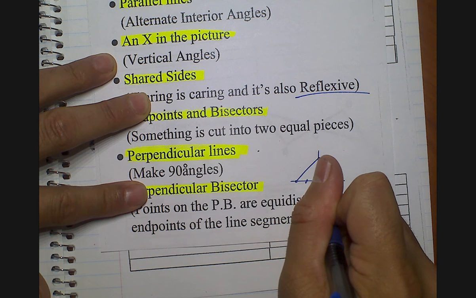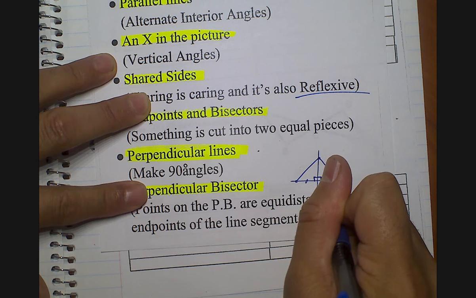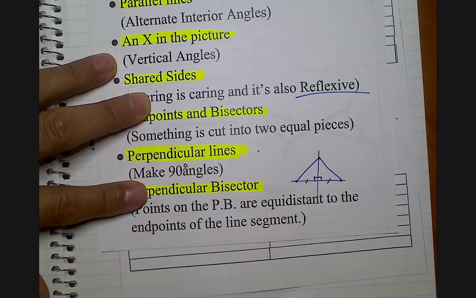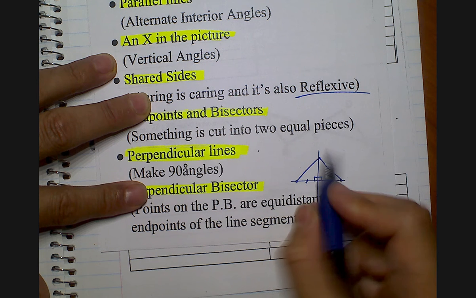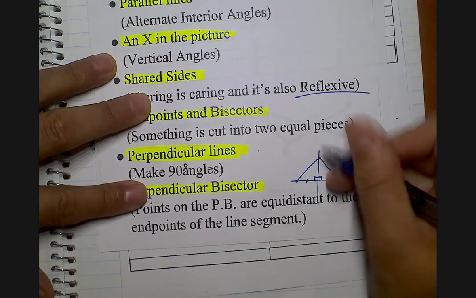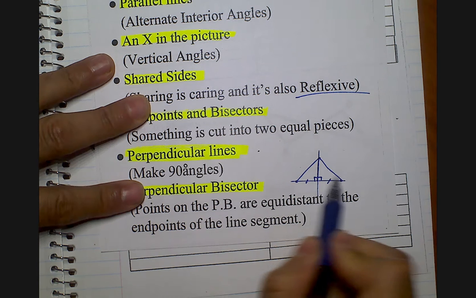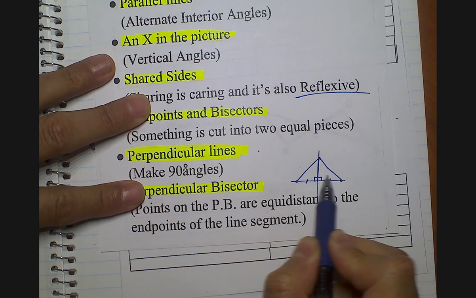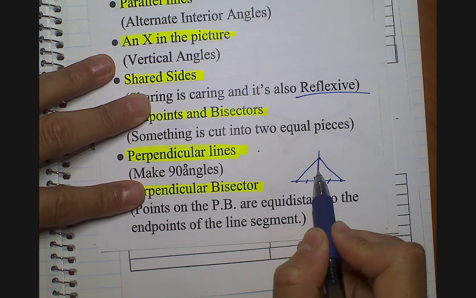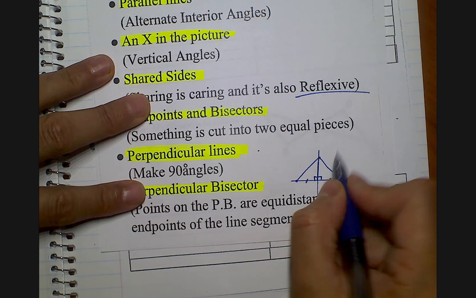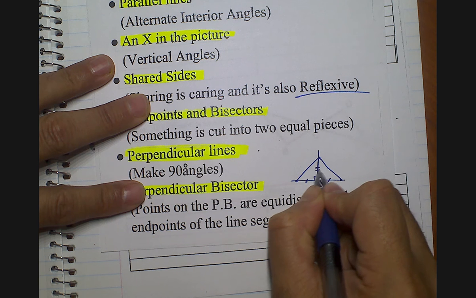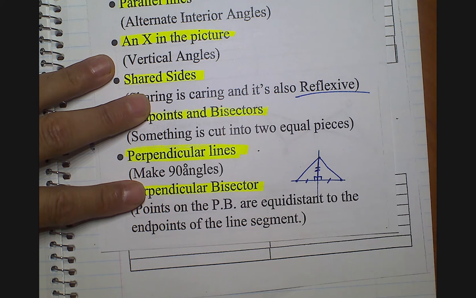If it's perpendicular, they are 90 degrees on both sides there. And from here to here, they share this side. If both triangles have the same portion in them, they share the same side, so it's going to be congruent to itself. This is going to be reflexive.